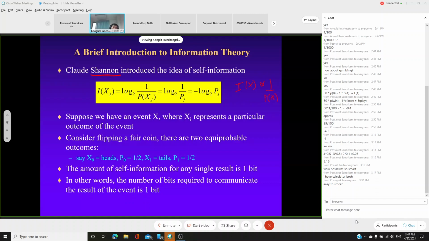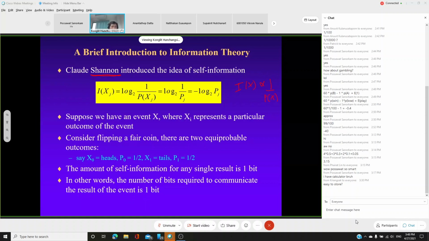This guy said that any event that has high probability has very small information within. For example, if I'm telling you that tomorrow the sun would rise in the east, that probability is 100%, right? So what I'm telling you is something that has a probability of 100%.